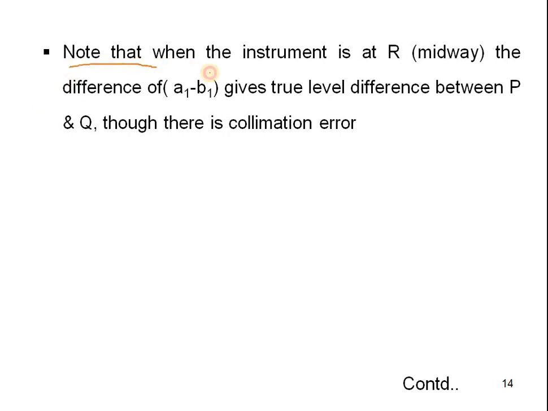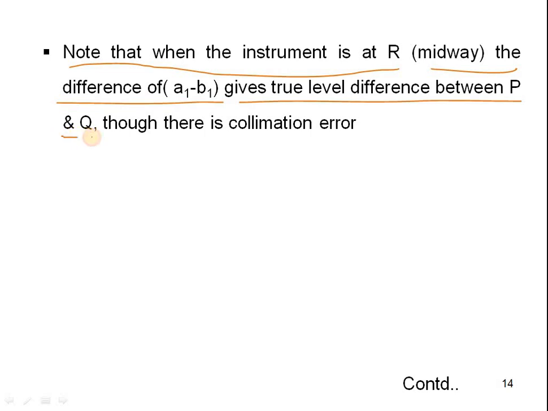Note that when the instrument is at R midway, the difference A1 minus B1 gives the true level difference between P and Q, even though there is a collimation error. Why does this collimation error occur?